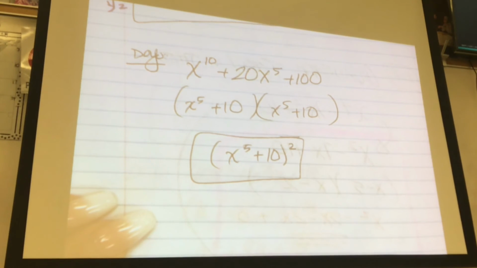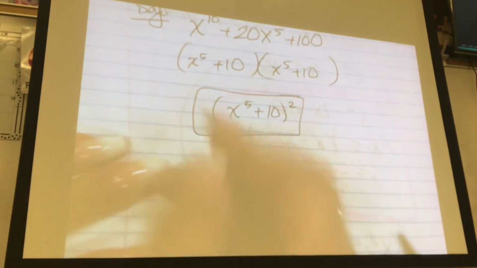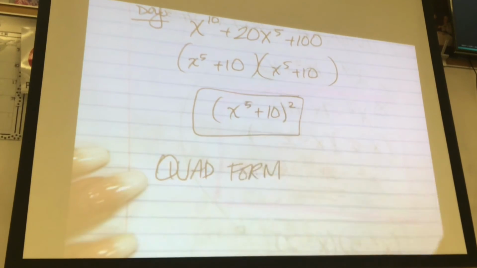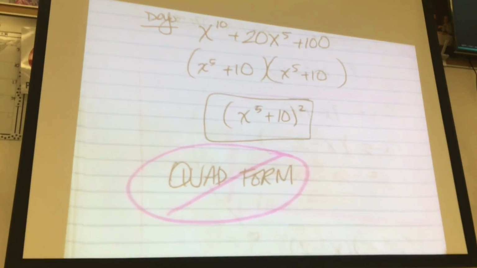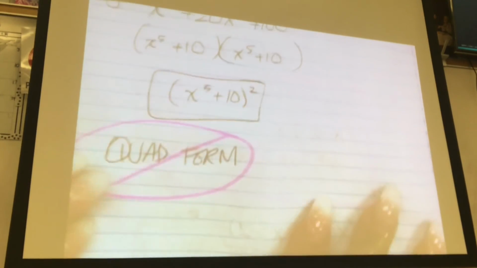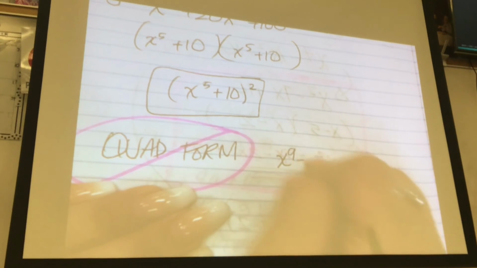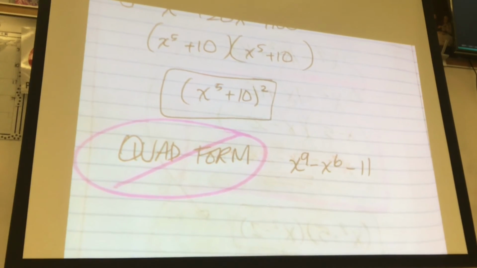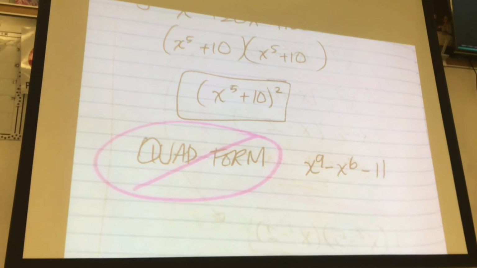Pretty doable? All right, when does this not work? Again, this is called quadratic form. When does it not work? Be ready to tell me why it wouldn't work for this example. Jessica, why won't quadratic form work for this one?